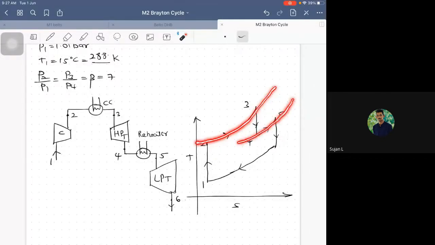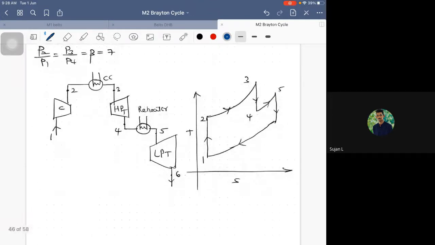And the third isobaric process is the heat rejection process. All heat related processes would be isobaric processes. Keep this in mind. For better understanding, I would draw isobars like this: first isobar, second and third. So three isobaric processes would take place like this.